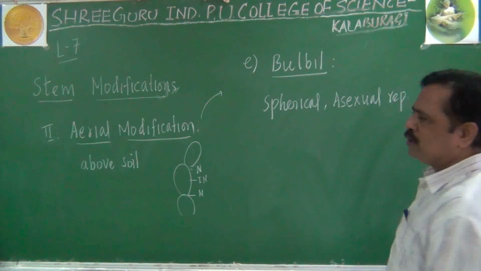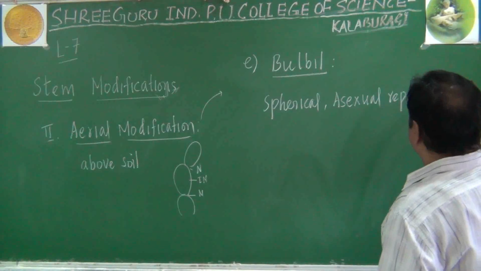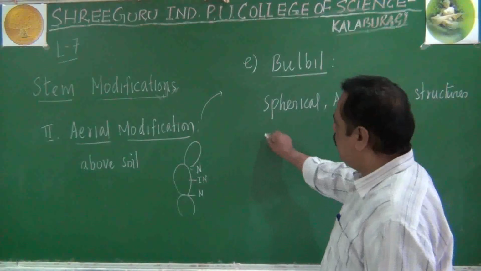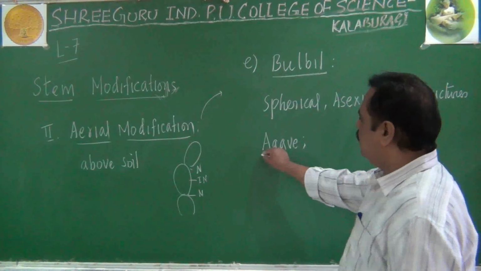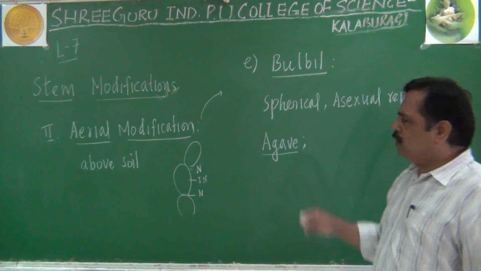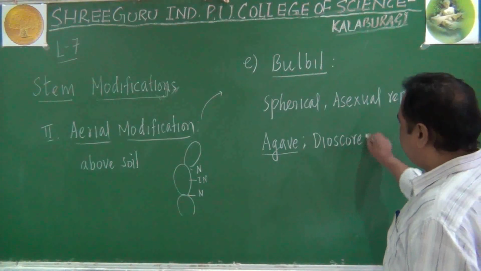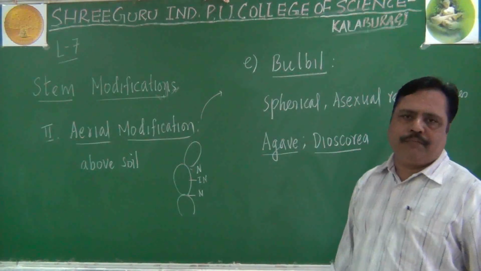Asexually reproducing structures of the angiosperm. In some angiosperms like agave, a plant called agave plant, and in some other angiosperms like Dioscorea, we come across a bulbil type of stem modification.